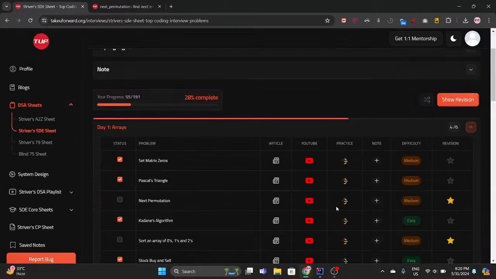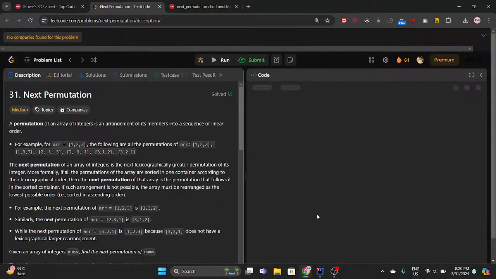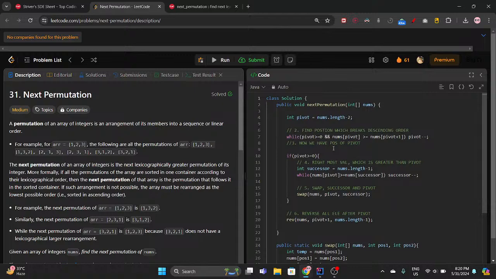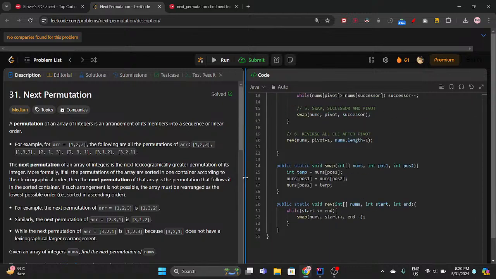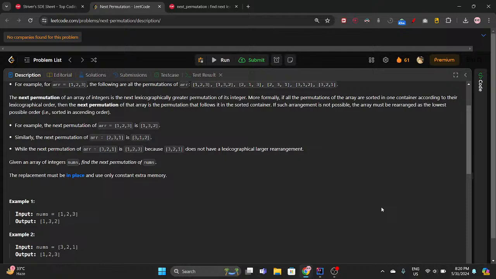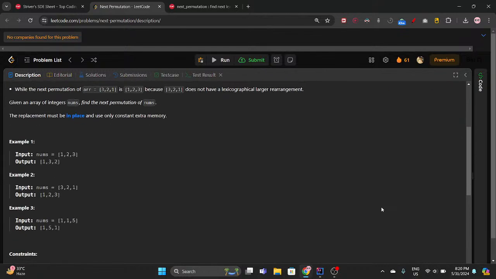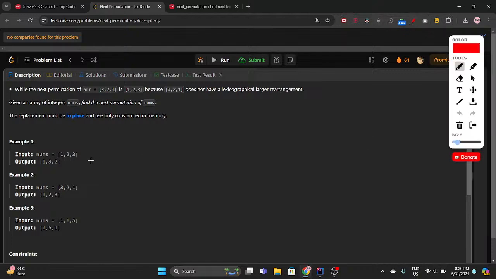Next permutation. Here there is some rote learning. We have to learn or remember some points. How will we solve this? First of all, from the right, find the value which is not in increasing order. 1, 2, 3, it is.